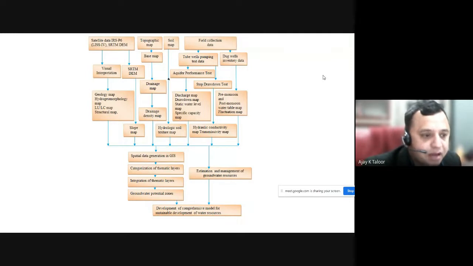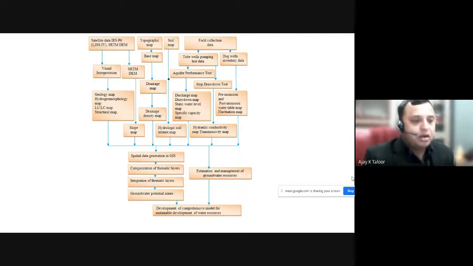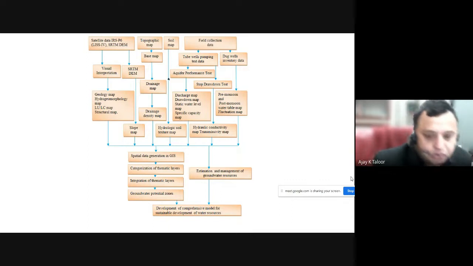Then we have given weightage based upon their importance to groundwater occurrence and integrated all these thematic layers. We got the groundwater prospect zones, or groundwater potential zones map, showing which area has better availability of groundwater resources below the surface of the earth.